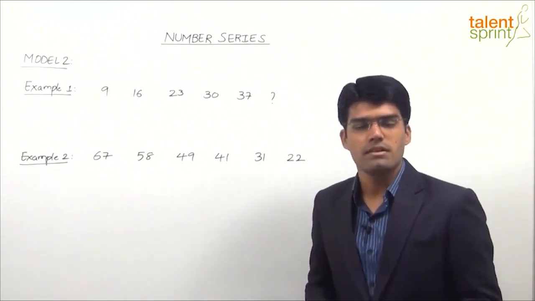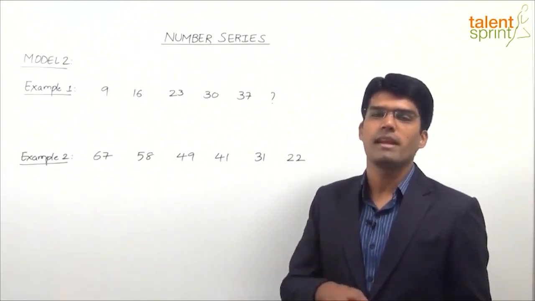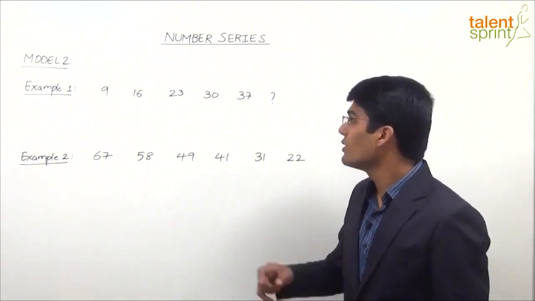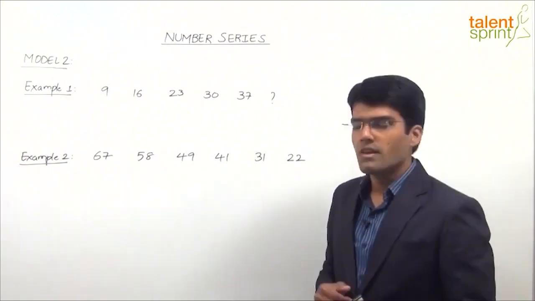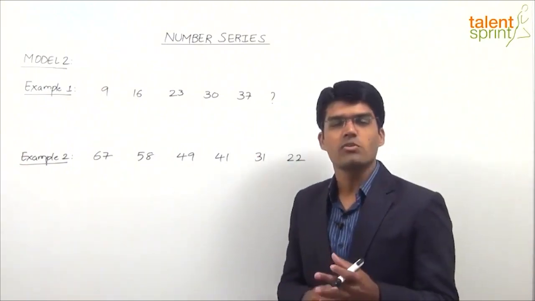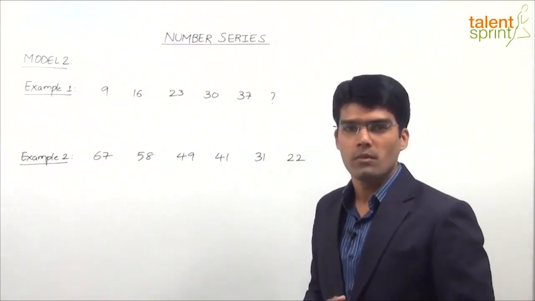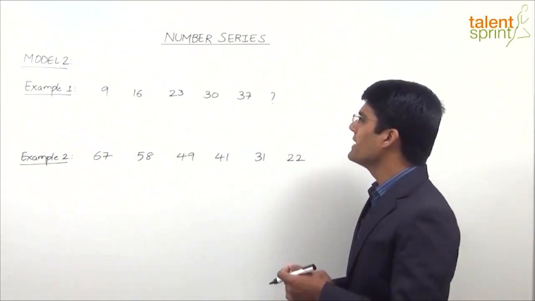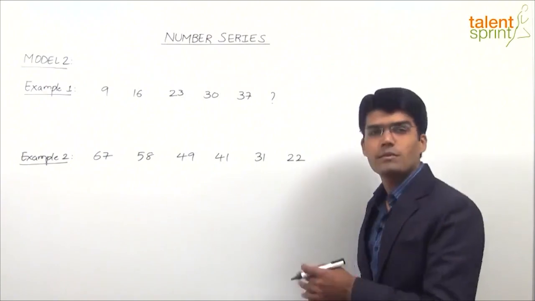As I've already mentioned, it is all about understanding the logic behind the given series. That is to understand what is the rhythm behind these numbers to find out the missing number. So let us now observe the series and try to understand what is the logic behind the given numbers. Now as you can see, the numbers are 9, 16, 23, 30, 37 and question mark.